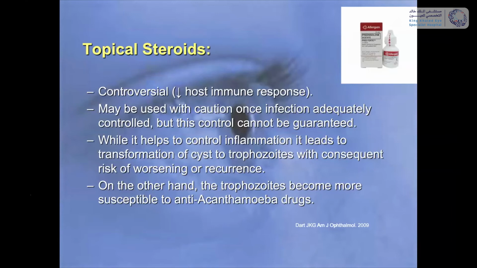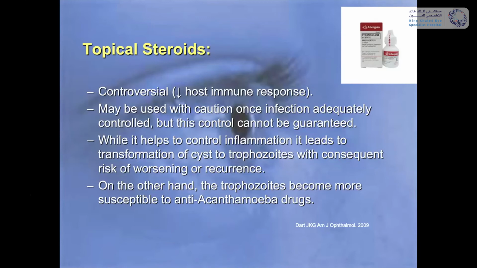As you know, the organism goes between cyst and trophozoite stage. So in the cystic stage, you might feel that the infection is controlled, but once you start the steroid, the trophozoites appear again, and then you will have a recurrence, which is difficult to treat.